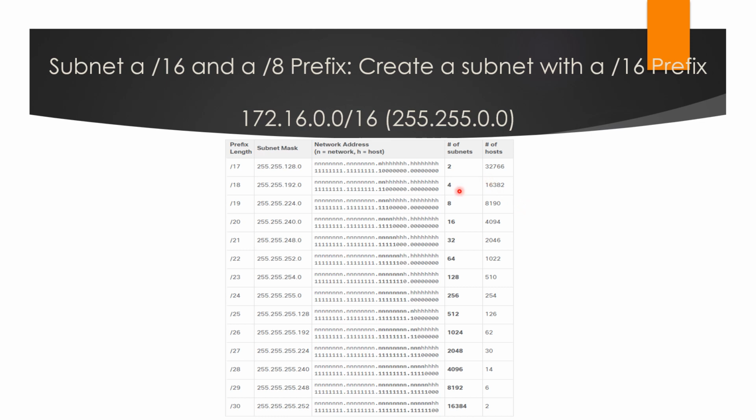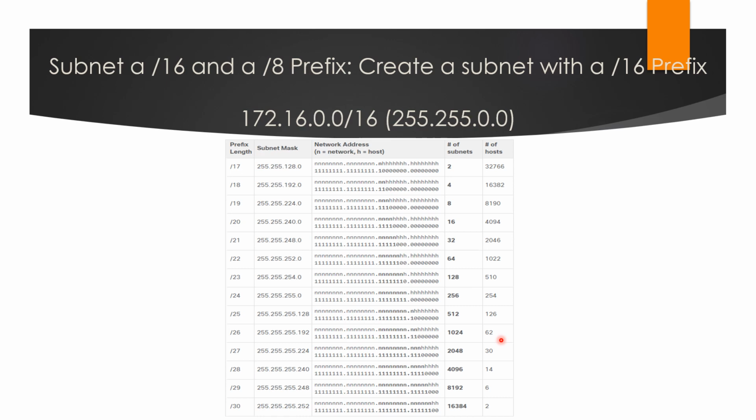As you can see, the more bits you borrow from the host portion, the more subnets you can create, but with fewer hosts available for each of the subnets. You don't need to memorize all this table. The only thing you need to understand is how each value in this table is generated.